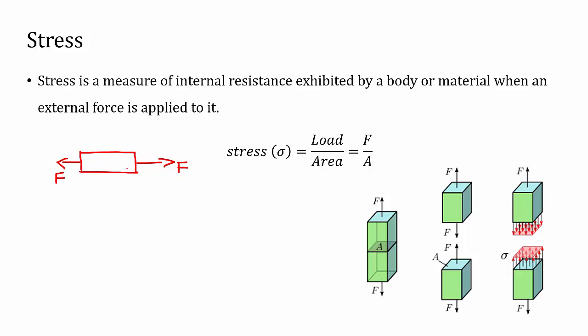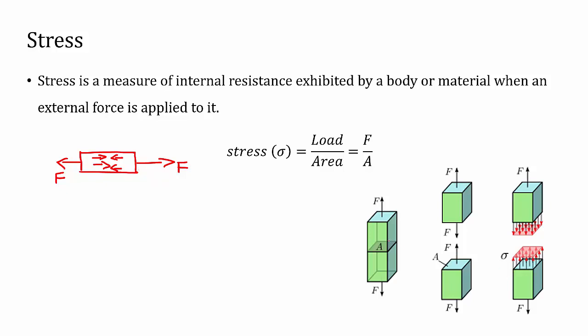When the force is applied, an internal resistance will be exhibited in the body. This internal resistance offered by the body opposing the force is called stress. Whenever you apply a force on a body, the body will try to resist the externally applied load. That internal resistance is called stress.